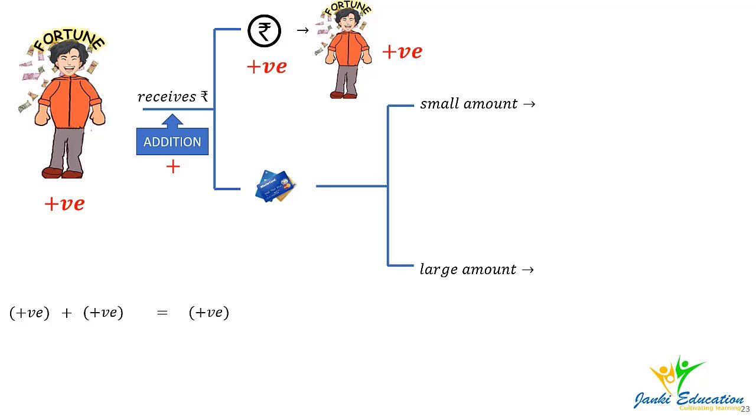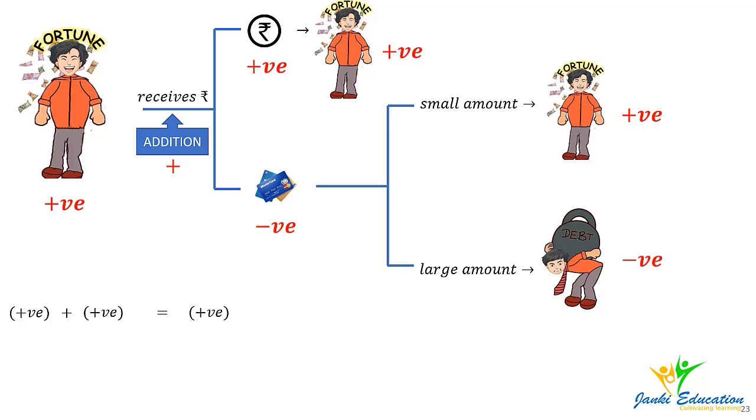So borrowing here itself is negative. Now if a man is having wealth and he borrows a small amount, then he can pay it back, right? So still he will remain a man with wealth, so positive. In case he borrowed a large amount, then he becomes a man in debt, negative.